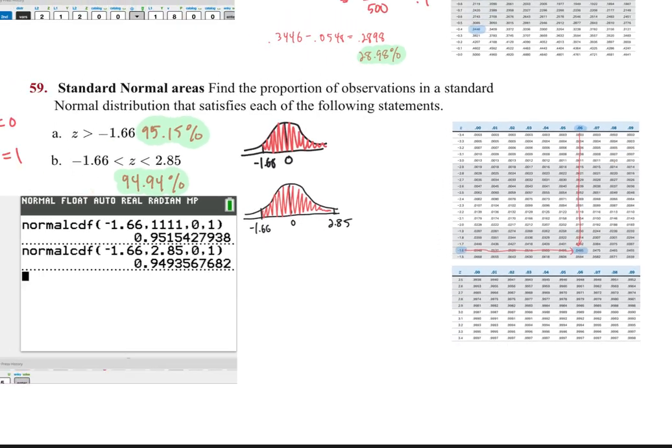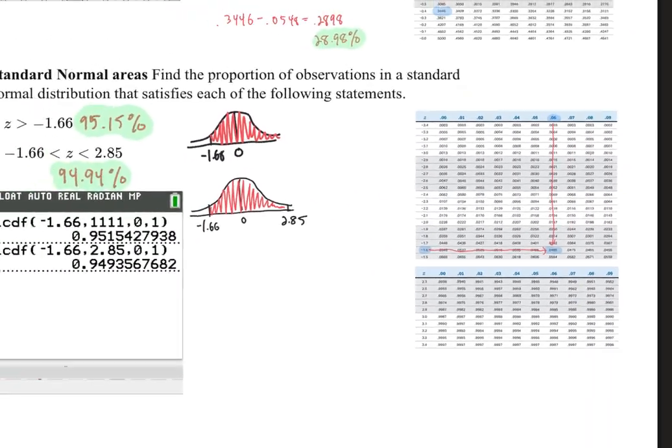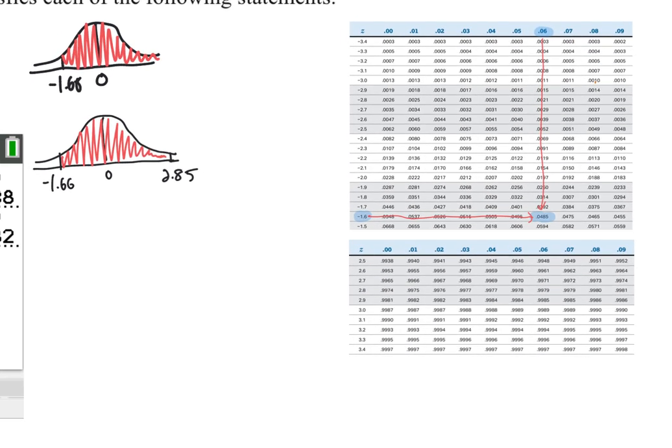Okay, and then keep in mind all these values in here are area to the left, but if we want to find area to the right, like we did for the first one, then we have to subtract from 1 or subtract from 100. So we'll do 1 minus 0.0485, 0.9515.